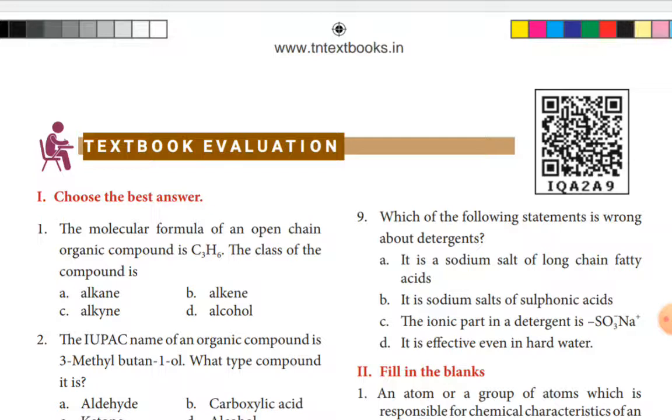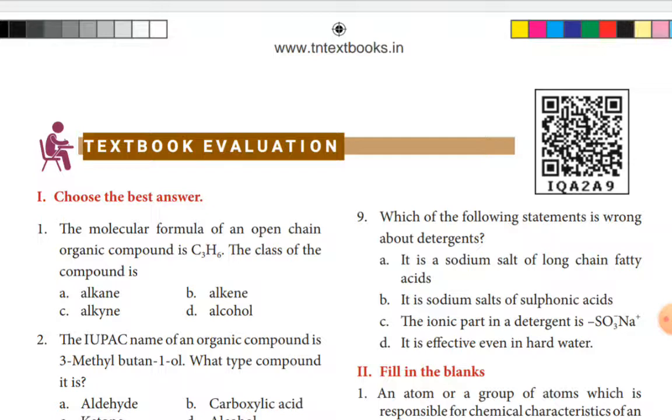So it is given C3H6. So how to find out this? You have to use the general molecular formula. This is the general molecular formula of alkane, alkene, alkyne. You know already that formula: CnH2n+2, CnH2n, CnH2n-2. So alkene general formula is CnH2n.